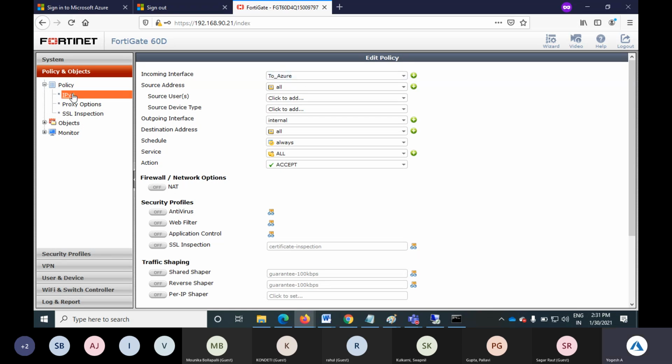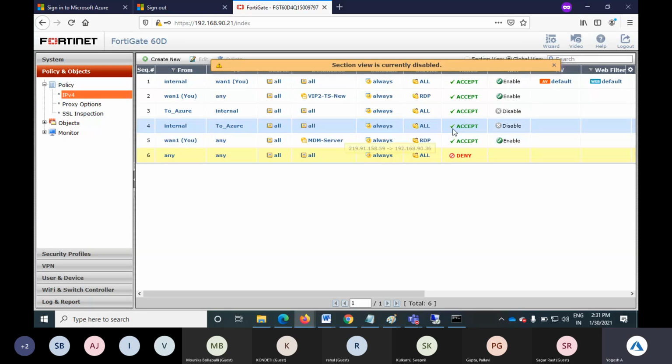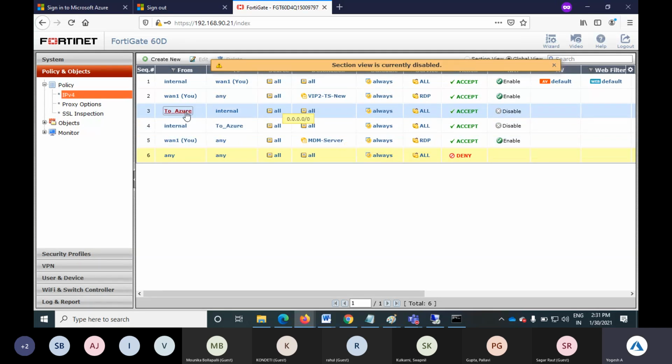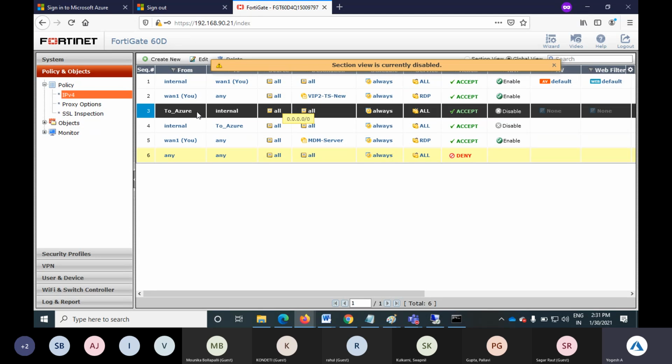Okay, to Azure, so I need to delete those entries, then I can delete that particular tunnel. So internal to Azure, Azure to internal, let's delete it.